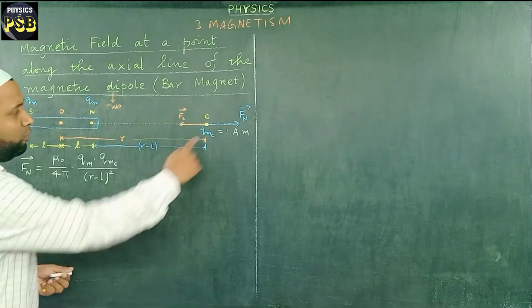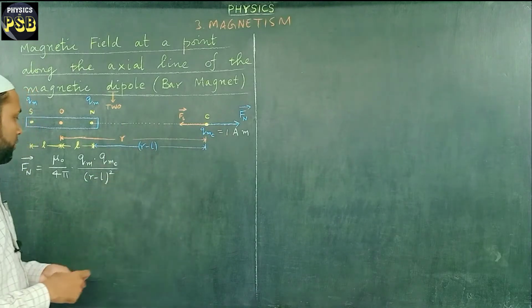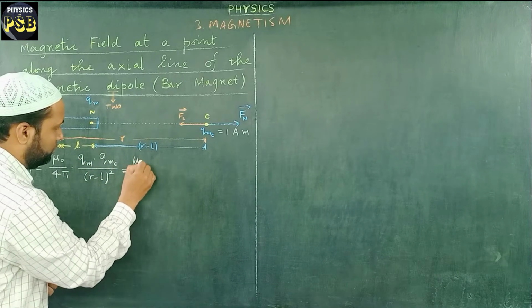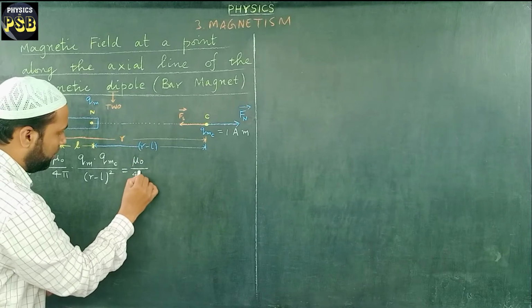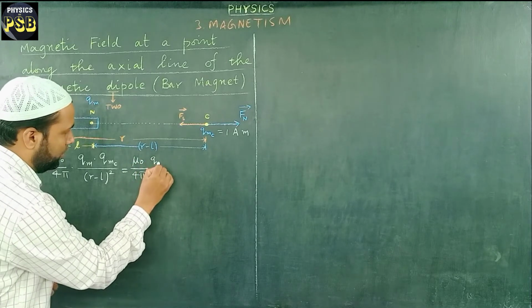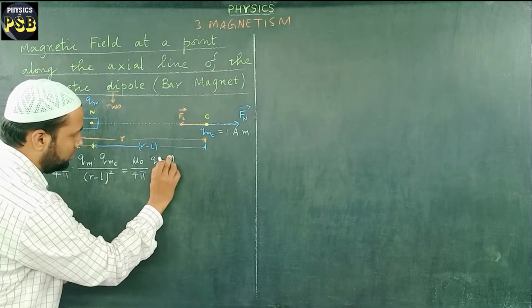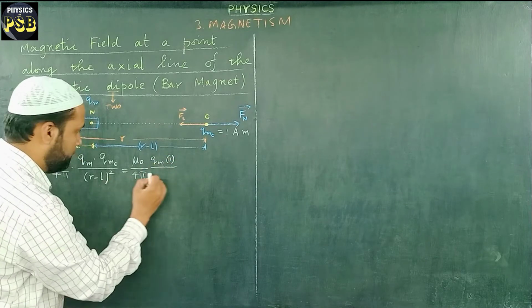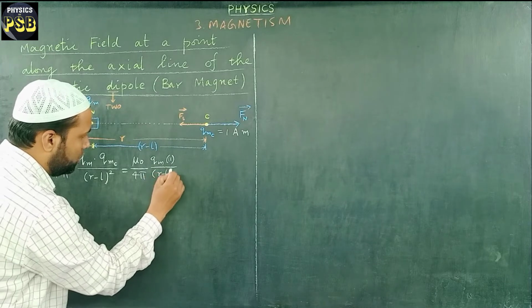I write it here. It's R minus L whole square. And here we know the value of QMC is nothing but 1 ampere meter. So I write that one here. So mu naught upon 4 pi is QM multiplied with 1 divided by R minus L whole square.